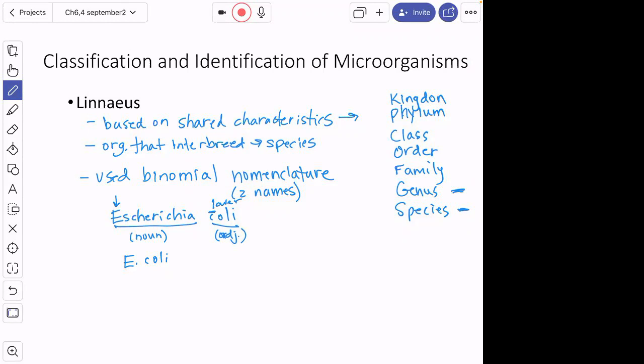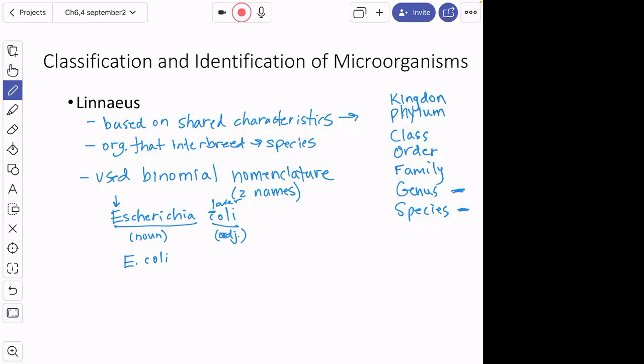That's not always obvious and not always adhered to, but Escherichia coli was actually named Bacterium coli by the one that discovered it, Theodore Escherich, and then it was later renamed in his honor.